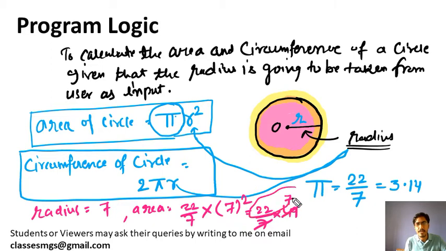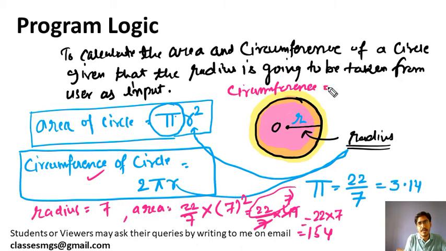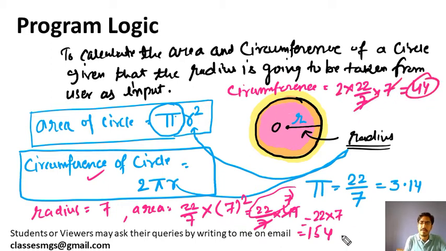Just multiply 22 into 7 and we will get our area 154. Similarly, the circumference can be calculated as 2 into 22 by 7 into 7, and the 7 cancels, so 44 is the circumference and 154 is the area of this particular circle.